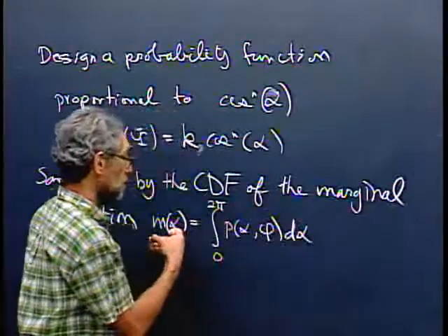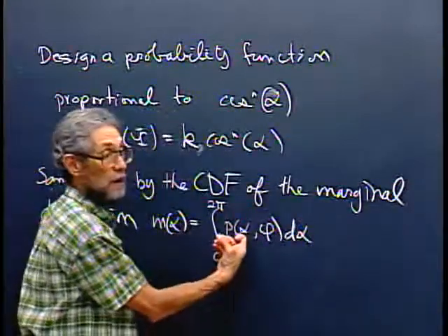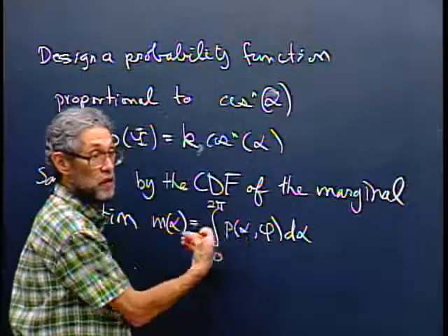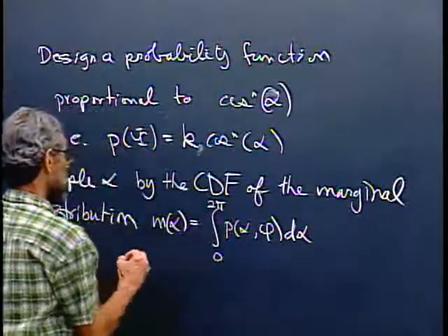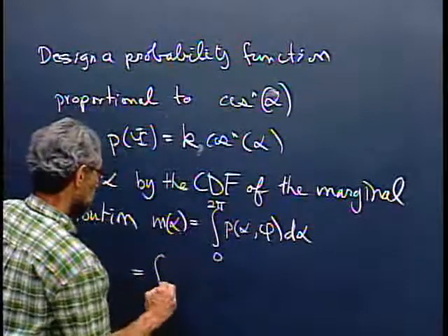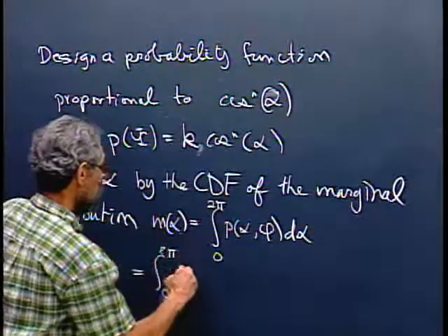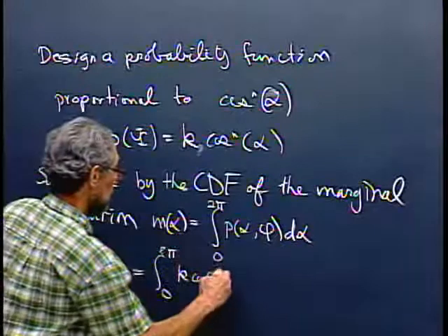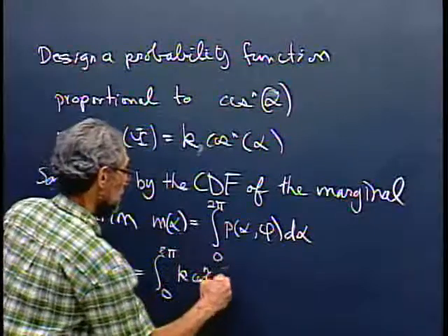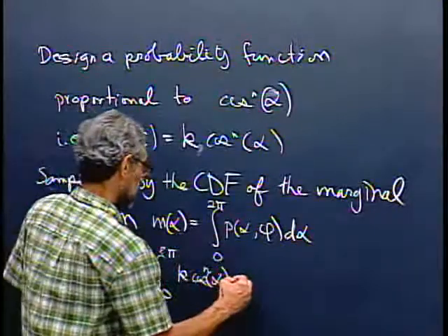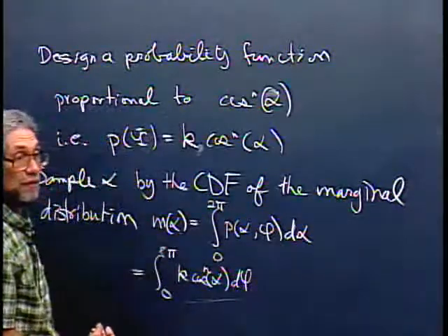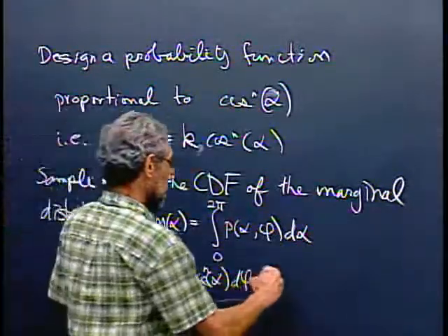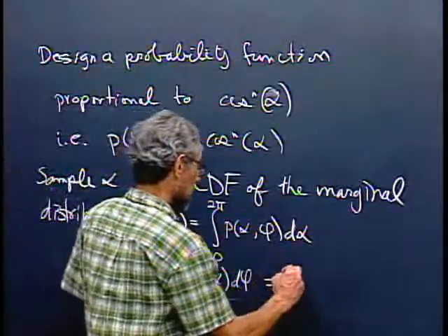And we'll get the marginal distribution with respect to alpha after you integrate out the dependency on phi. And in our case, that's going to be the integral from 0 to 2 pi of k times cosine to the nth alpha d phi. And this doesn't depend on phi in our case, but in general it might. I'm just trying to illustrate this general method.